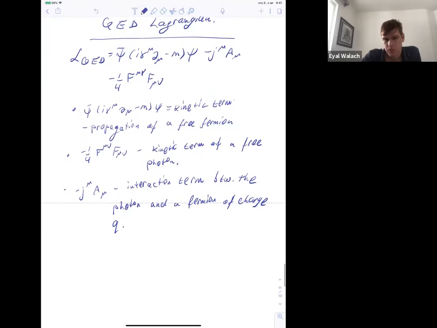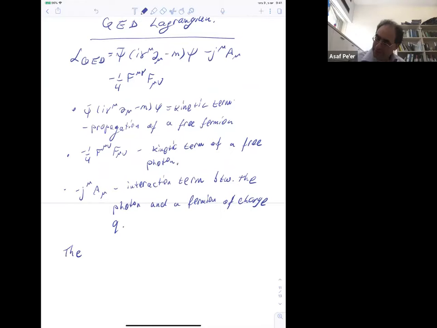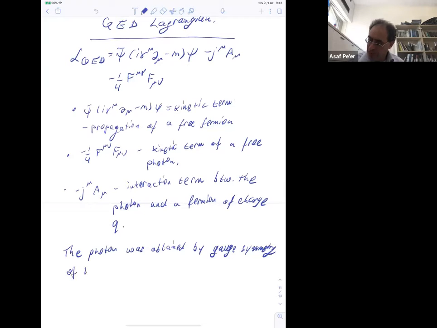The photon was obtained by gauge symmetry of the Lagrangian.